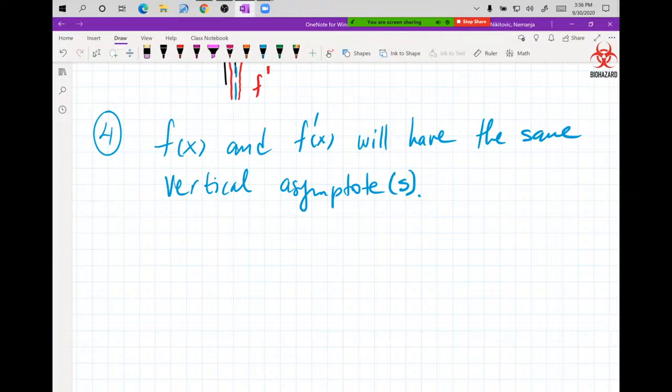So these are the 4 things that we need to know for us to be able to sketch the graph of the derivative looking at the function, or sketch the graph of the function looking at the derivative.